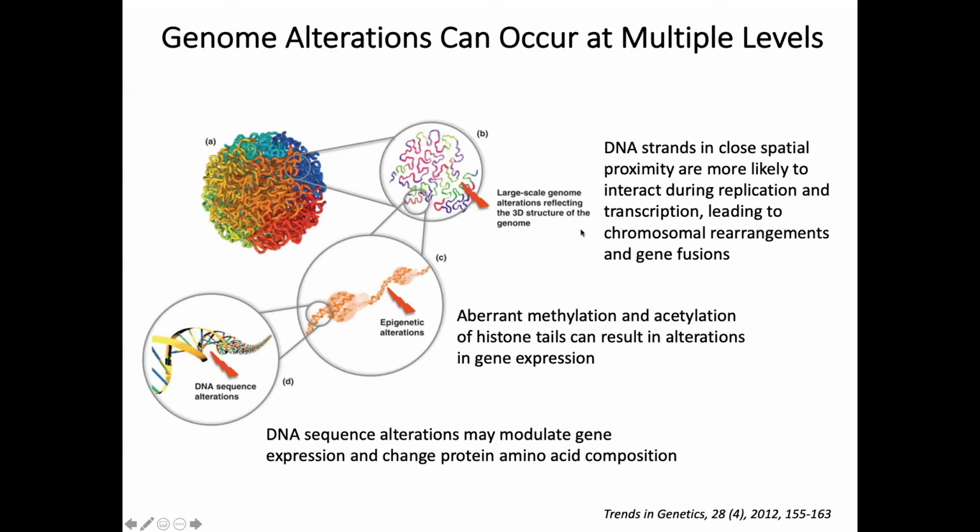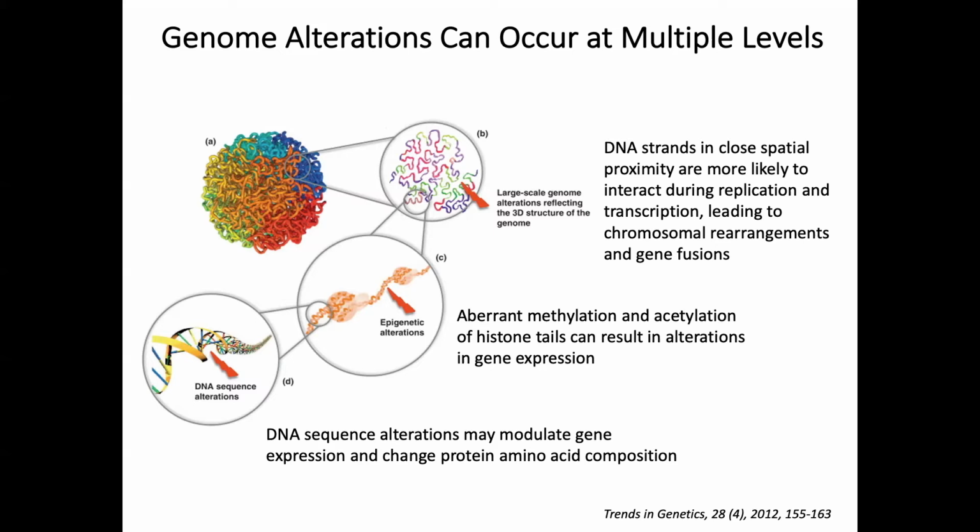For instance, we learned the TAD, the topologically associating domain. We know that DNA sequences within a TAD physically interact with each other more frequently than with the sequences outside the TAD, right?